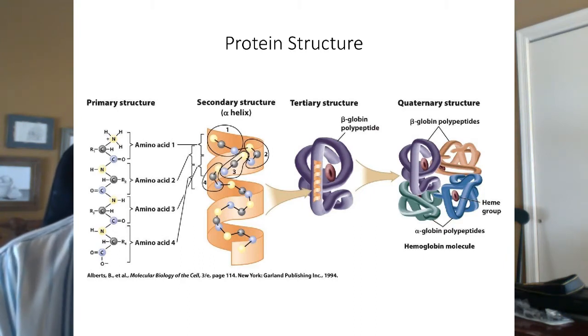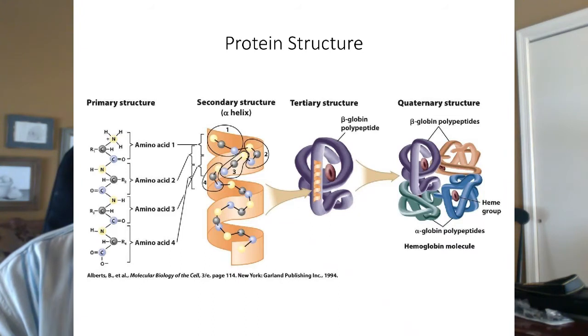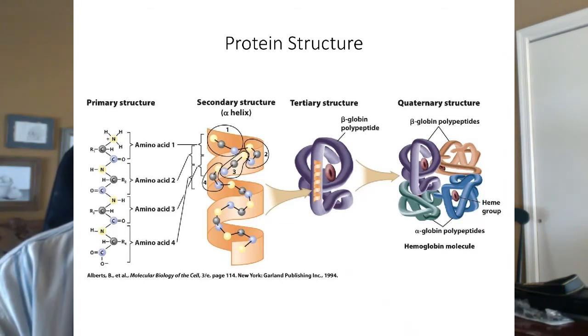Some people ask what's the difference between a peptide and a protein. There is no strict definition other than peptides tend to be smaller, polypeptides tend to be intermediate in size, and of course a protein is a full-blown, large-scale polymer that has advanced qualities.